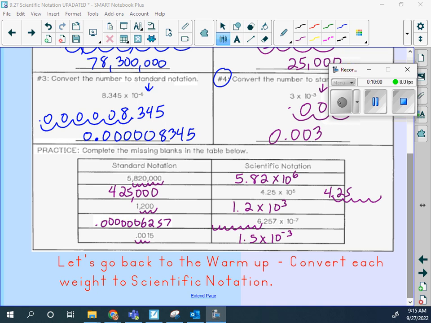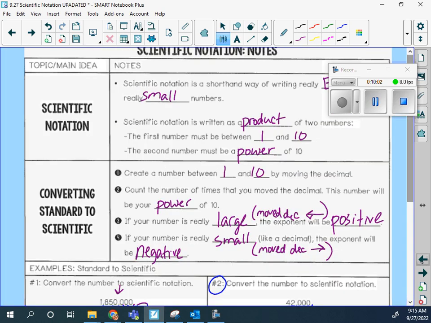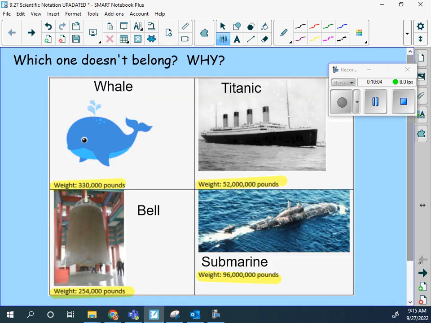Did you wonder why they also included weights over here in our warm-up? Okay, so let's do the whale. So what would the whale be? 3.3. 1, 2, 3, 4, 5. Okay. What about this one?